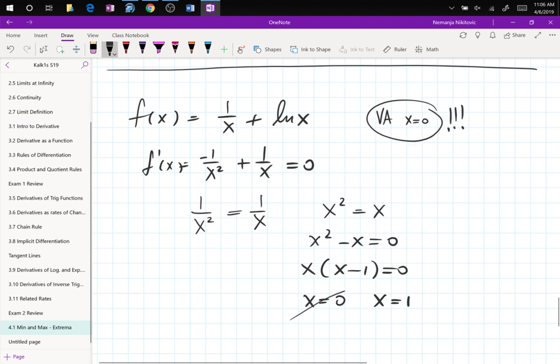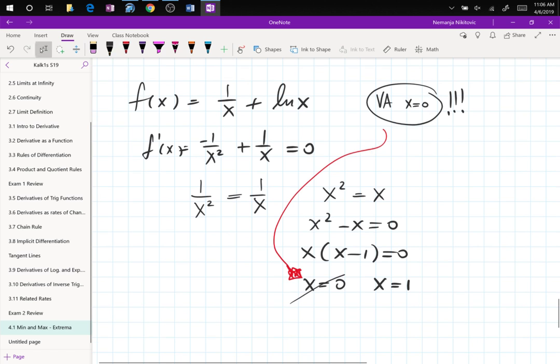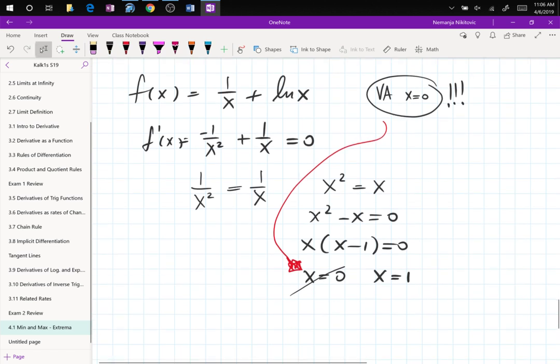That's why we can't have nice things. So now we have x equals 1. Well, that's a good one, right? And we find the y value with f of 1, which is 1 over 1 plus ln of 1, which is 1. So 1, 1 is the critical point.